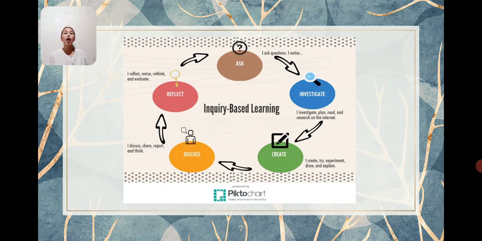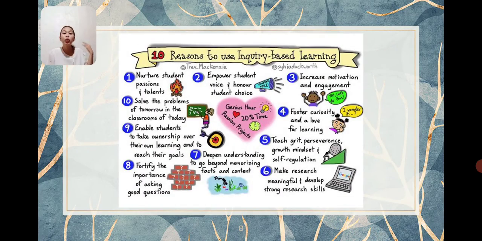So, that is inquiry-based learning. And also, there are reasons why we need to use inquiry-based learning. The first one is nurture students' passions and talents, empower students' voice and honor students' choice, and many more. So that is inquiry-based learning.